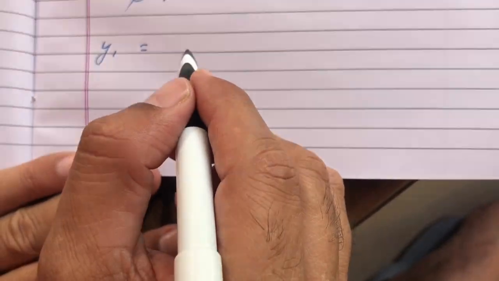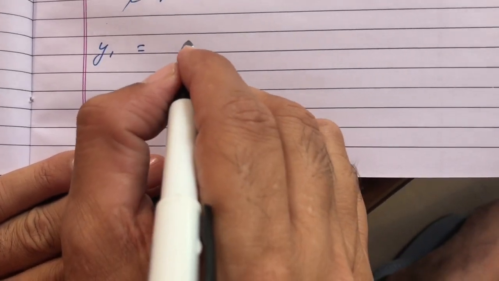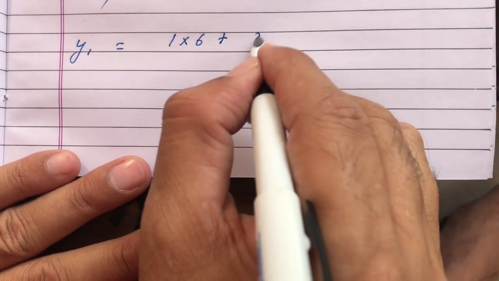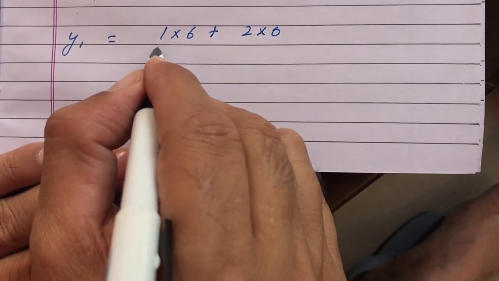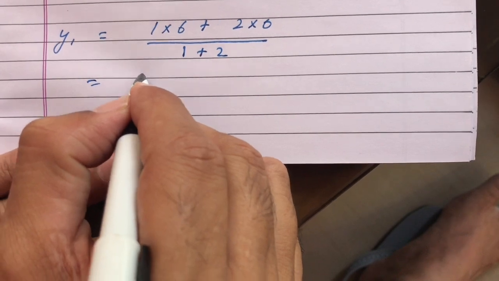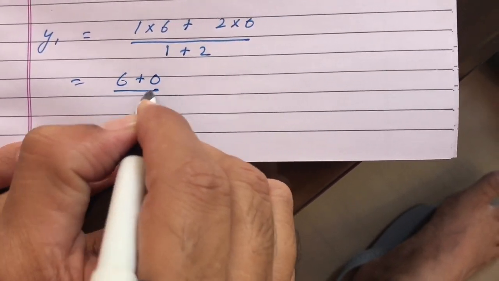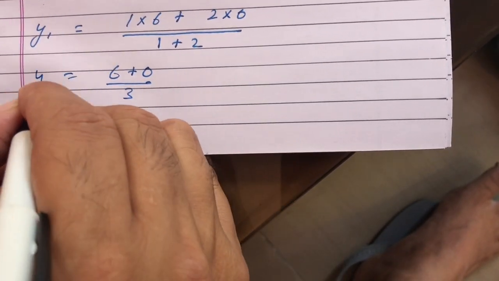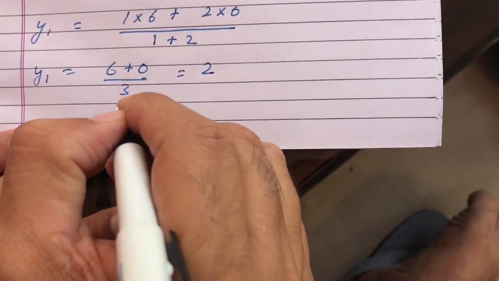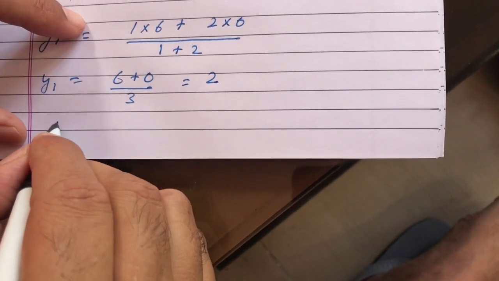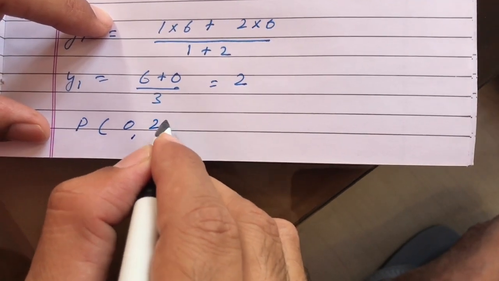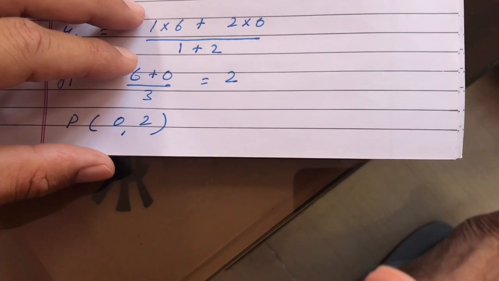Now y1 is m1 y2, 1 into 6, plus m2 y1, 2 into 0, upon 1 plus 2. It is 6 plus 0 upon 3, which is 6 upon 3, it is 2. So the point P is 0, 2.